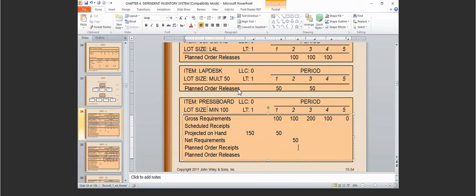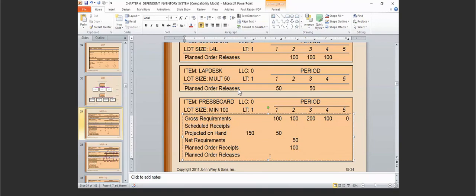The Freshbot uses a lot sizing technique with a minimum quantity of 100 units. So the net requirement of 50 units is below the minimum of 100 units. In order to determine the planned order receipt here, we must follow the lot sizing technique with a 100 unit minimum order. So we have 100 here.